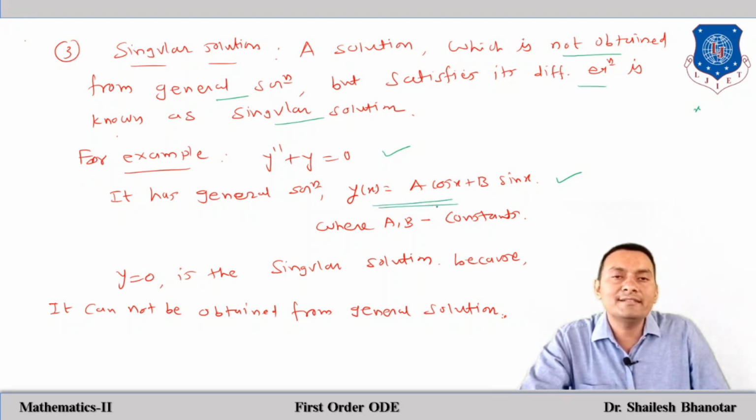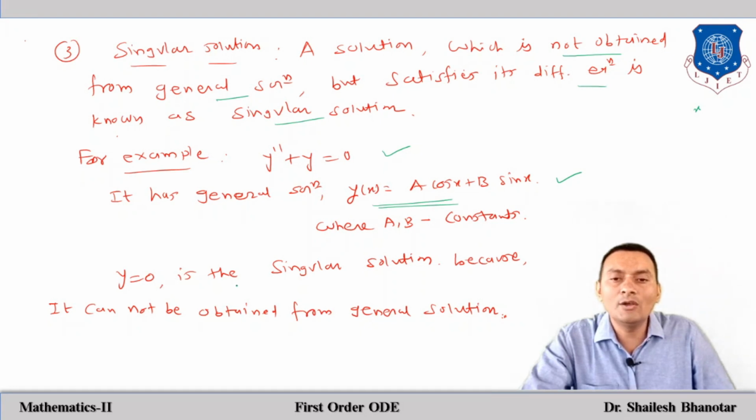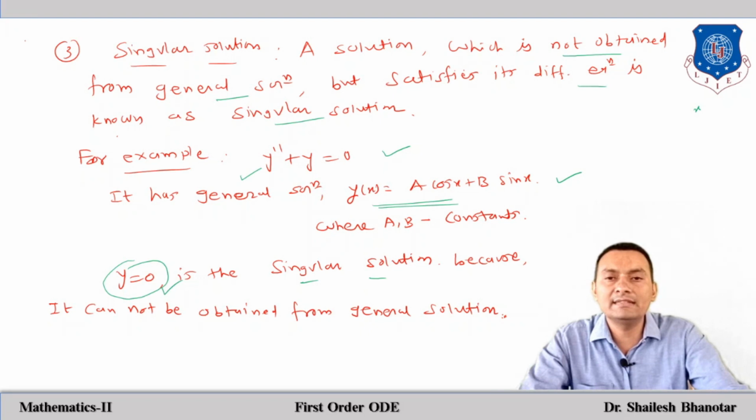Whether you choose x is equal to 0, x is equal to pi by 2, or whatever values of x you like, you are not able to get y equal to 0 from it. And this y is equal to 0 satisfies the differential equation, and hence it is known as the singular solution.